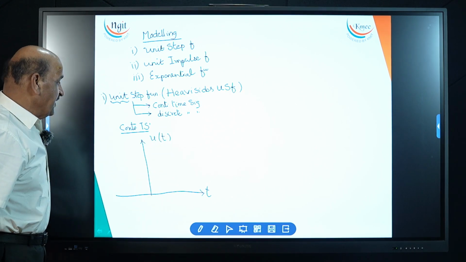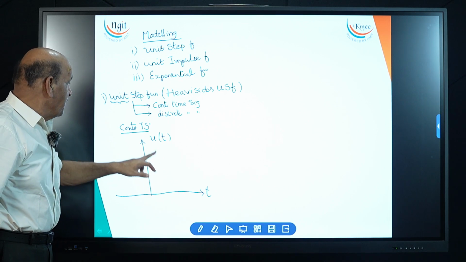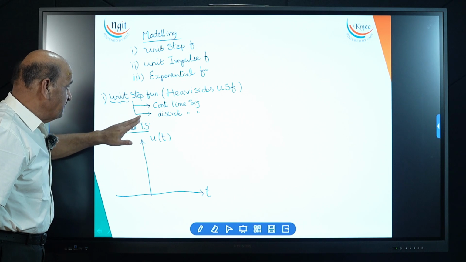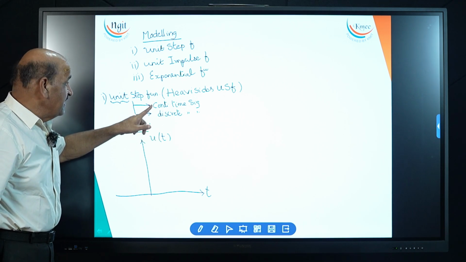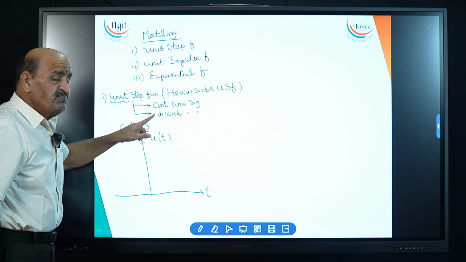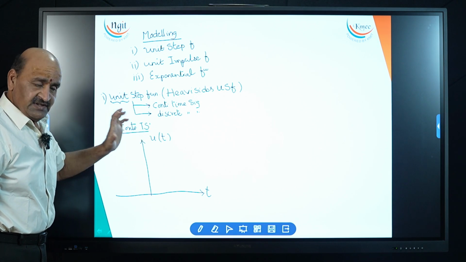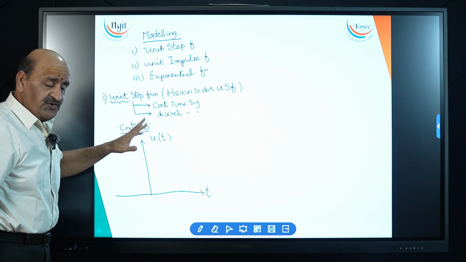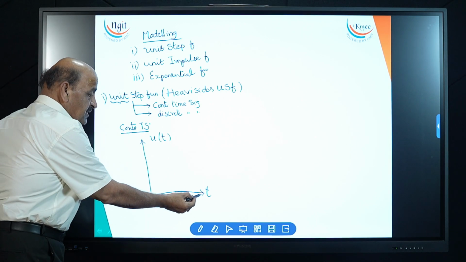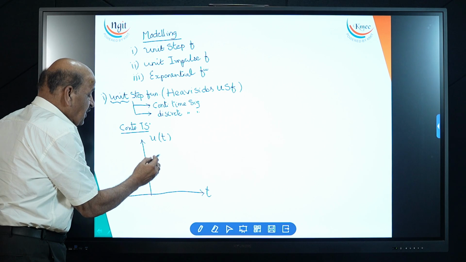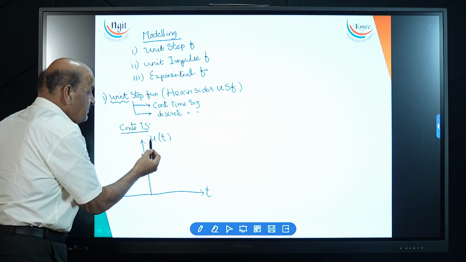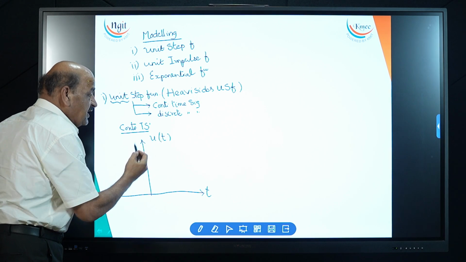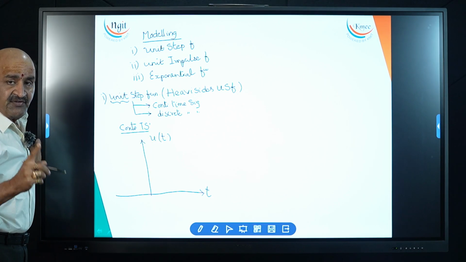This point students have to remember. Under unit step function, we discuss continuous time signal and discrete time signal concepts. Let us begin with continuous time signal. This t represents continuous time. Because of its uniqueness, we are using u of t instead of x of t.